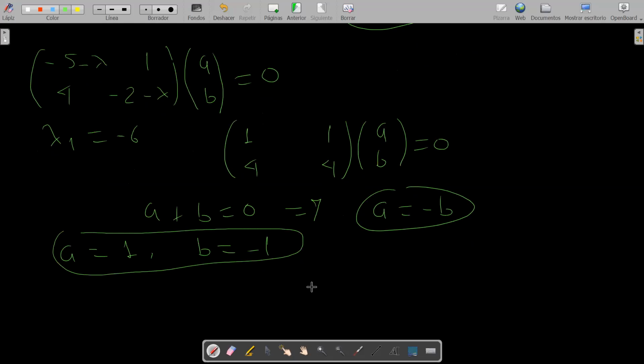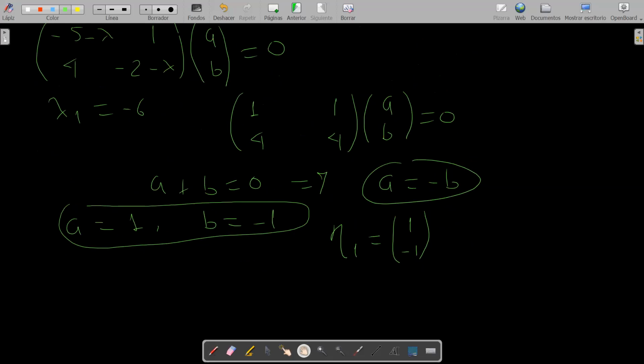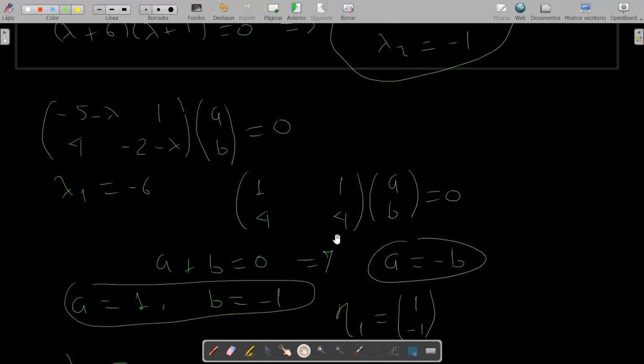So our first eigenvector, let's call that eigenvector eta 1, will be 1, negative 1. Or we could use negative 1, 1. It's the same. And now for the second eigenvalue, which is negative 1.